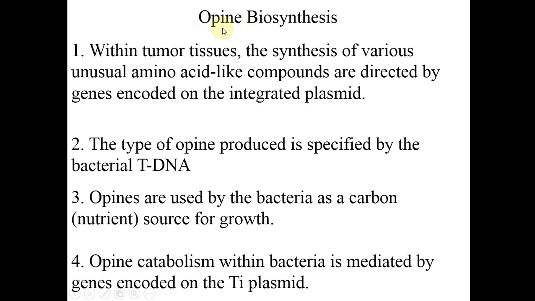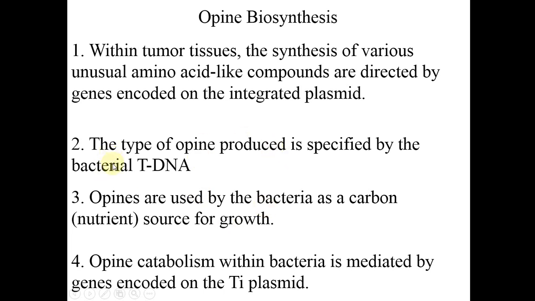Those unusual amino acids comes under the category of opines. Okay, opine is a group of unusual amino acid. These opine genes are present on Ti plasmid, which is transferred from Agrobacterium to the plant cell.